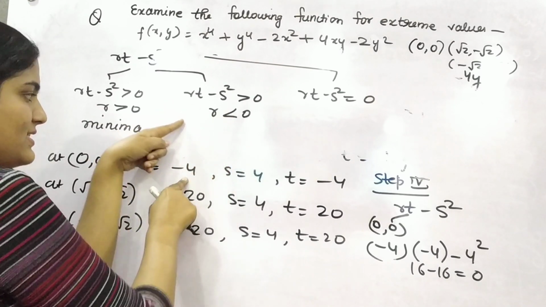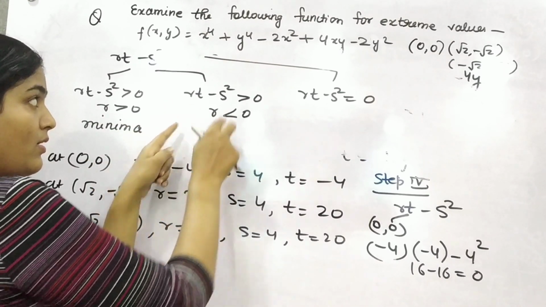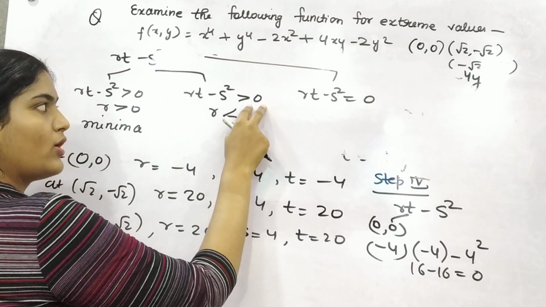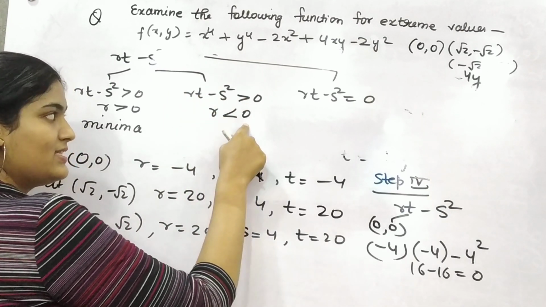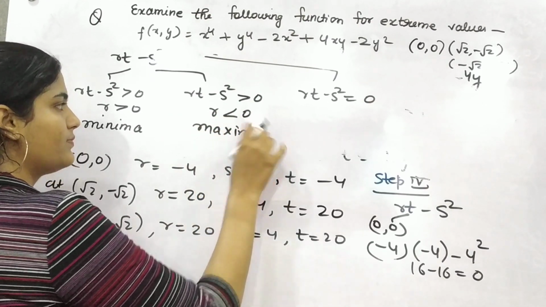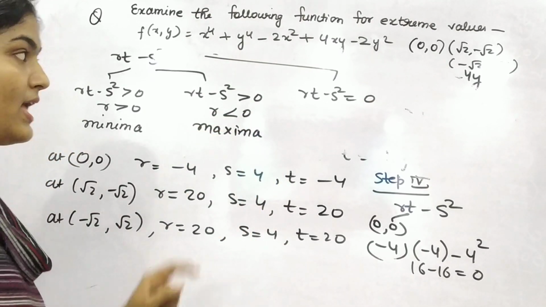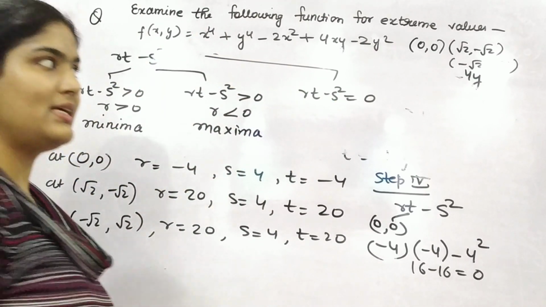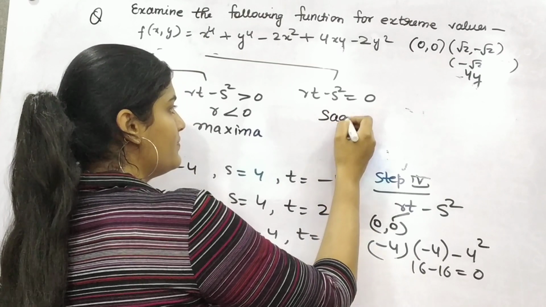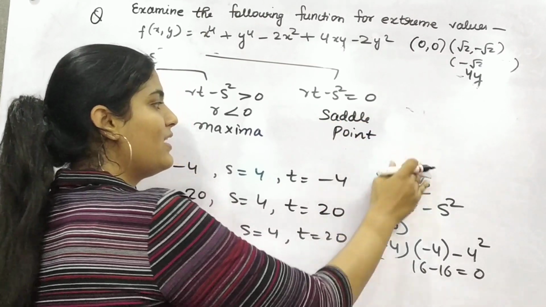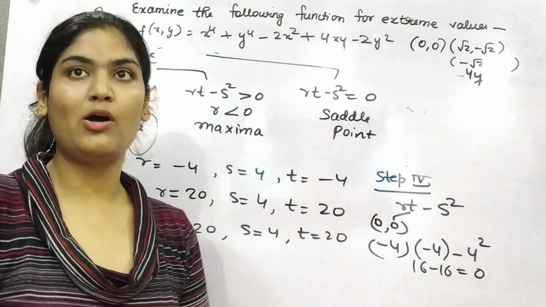If R is less than 0, then it is maxima. And if RT minus S square is 0, then that is a saddle point, and we cannot find out minima or maxima.